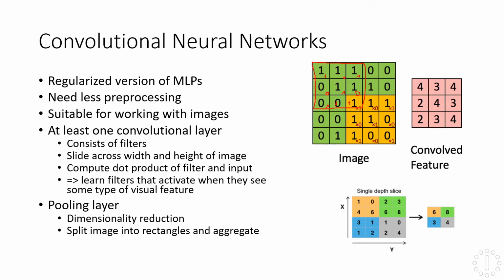So then the next part of the image that we'll look at is going to be this part here, and we'll multiply this by 1, this by 0, this by 1, then this by 0, this by 1, this by 0, then we have 1, 0, 1.